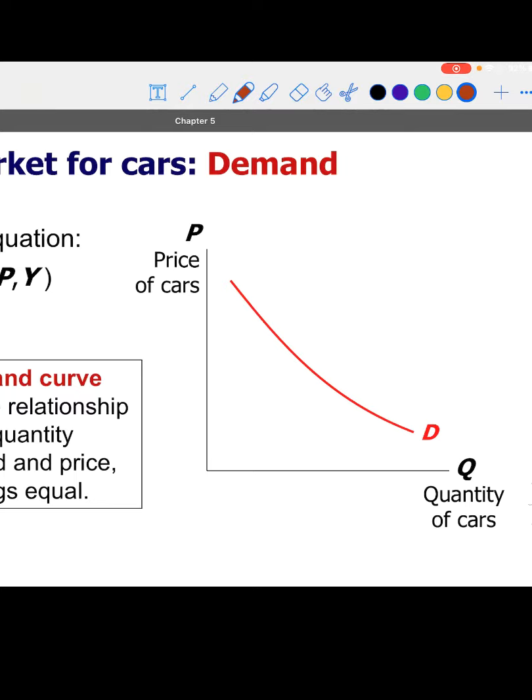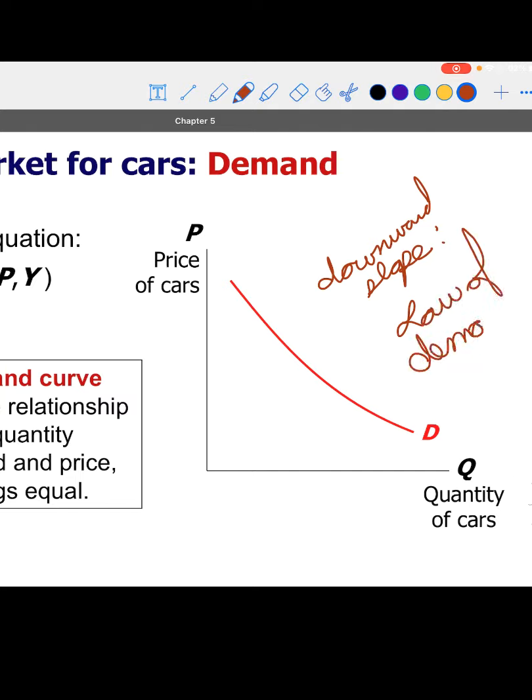And that's where we get our demand curve, which is just showing the relationship between the price of cars and the quantity of cars. That it is downward sloping. That would be what you remember as the law of demand. That there's an inverse relationship, or an opposite relationship, between the price and the quantity.